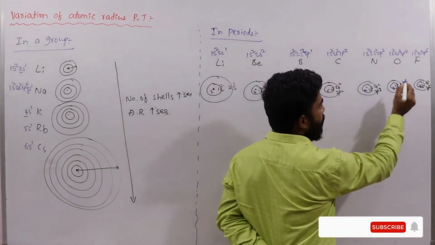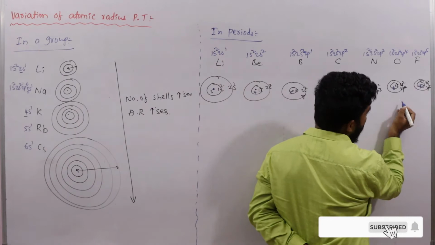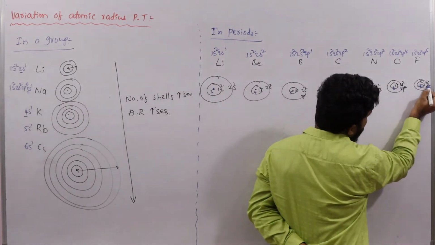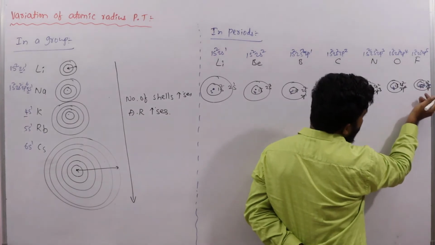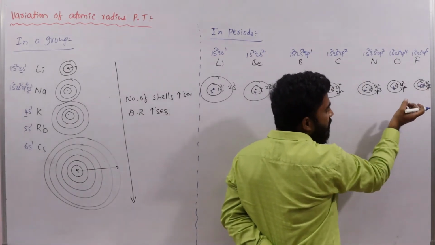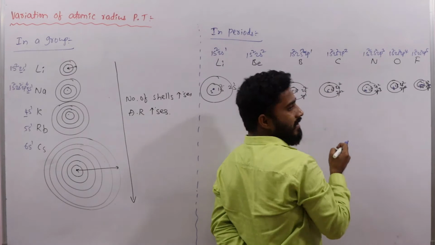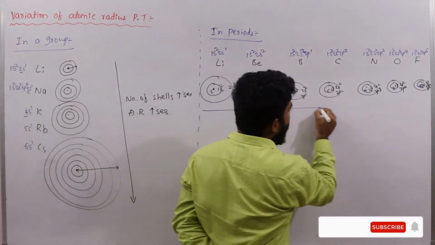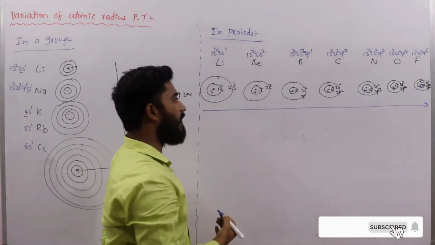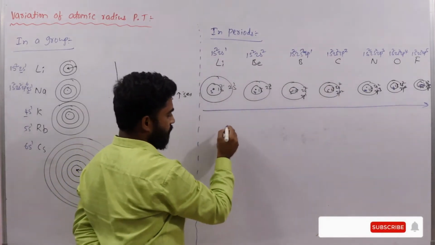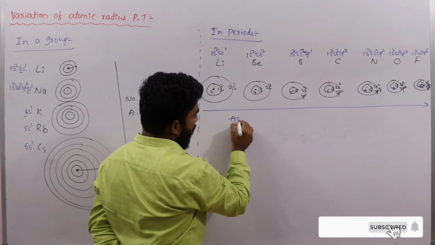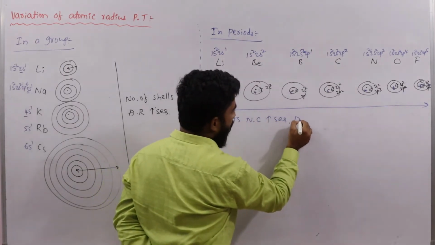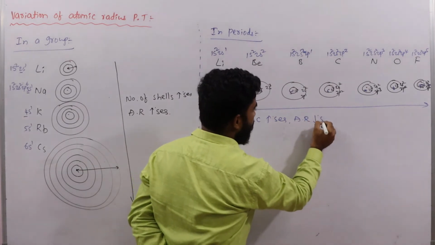Lithium has only 3 protons, that's why the nuclear charge is less. But in fluorine, 9 protons are there, so it attracts the outermost electron towards the nucleus very strongly. Then the size decreases. That's why we can say, in a period from left to right, as nuclear charge increases, atomic radius decreases.